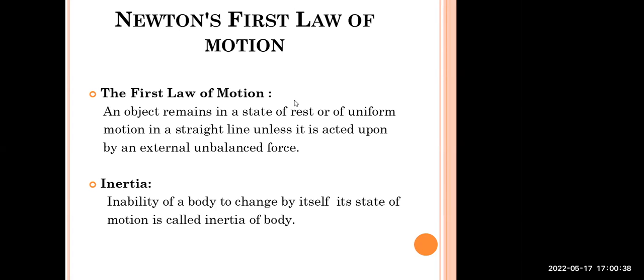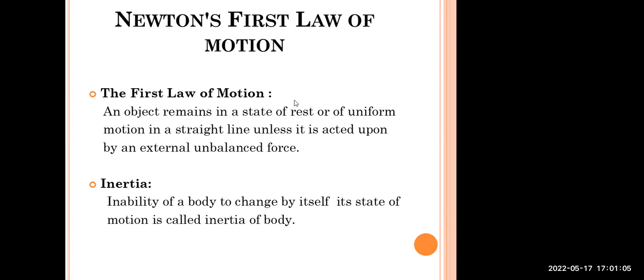So it is not going to change its motion. If it is in a state of rest, it will stay in a state of rest. If it is in uniform motion, then it will stay in uniform motion unless and until an external unbalanced force is applied to that object. Okay, so this is your first law of motion, which is also called the law of inertia.